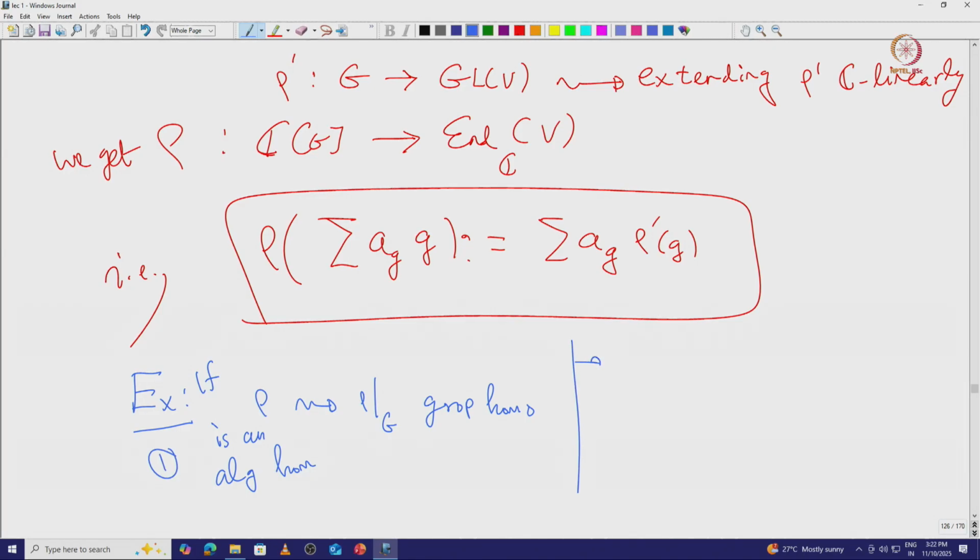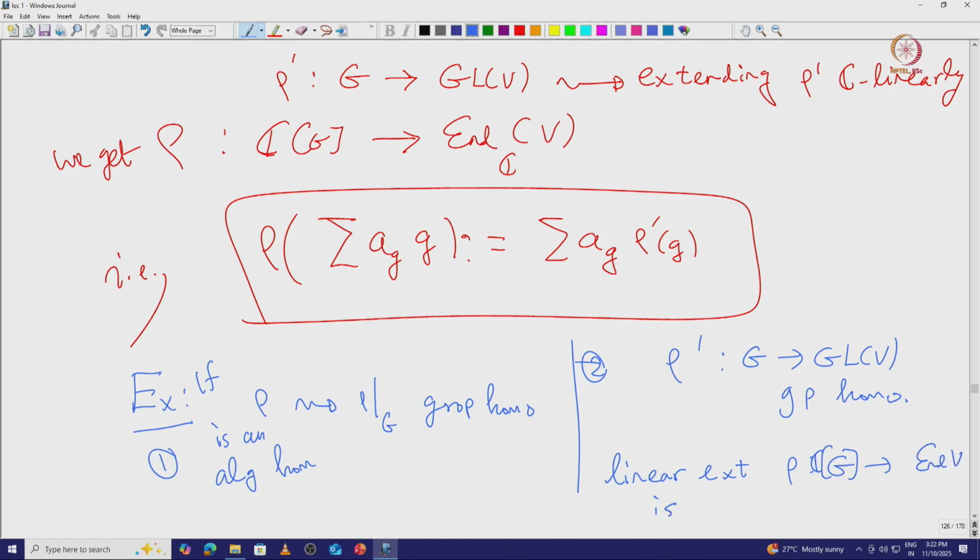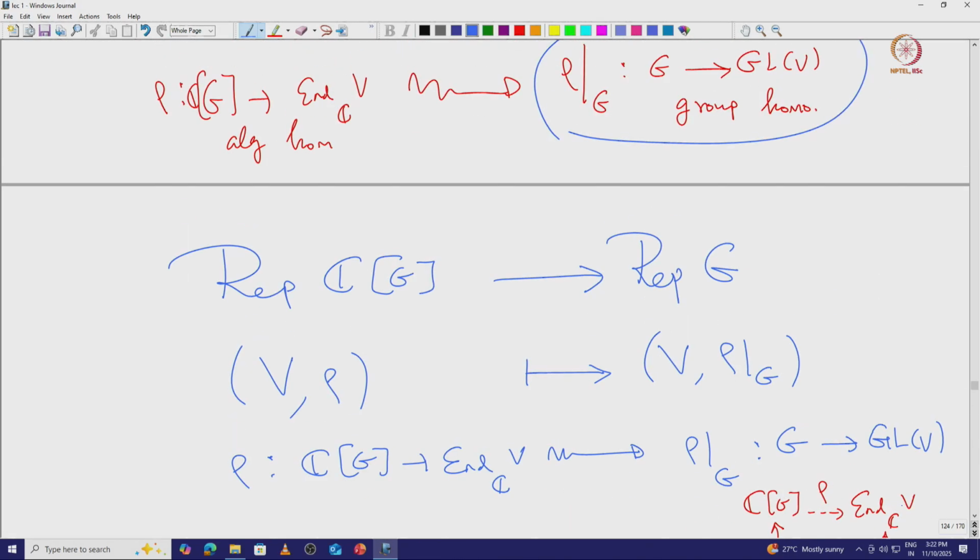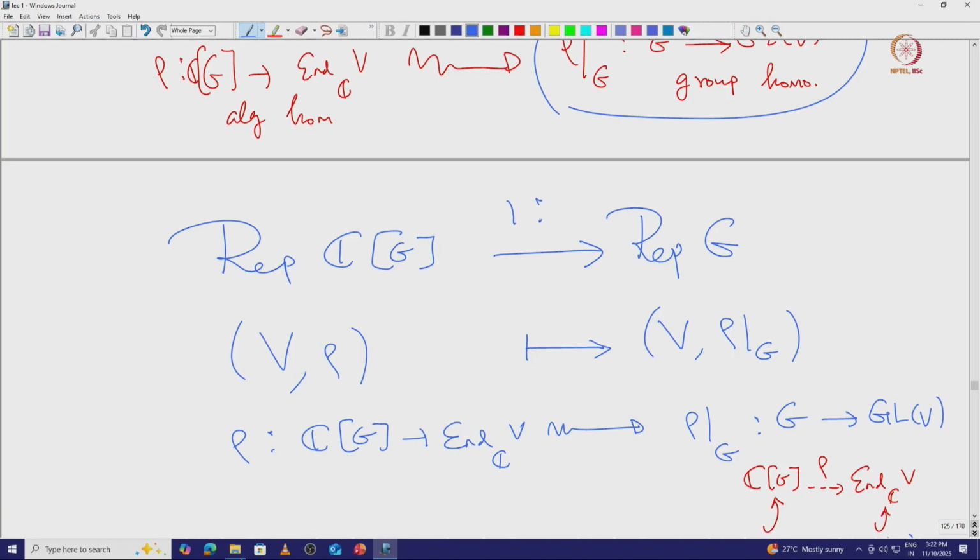On the other hand, if we start with rho dash, which is a group homomorphism, then the linear extension rho from CG to endomorphism of V is an algebra homomorphism. So, this indeed gives a one-to-one correspondence between the representations of CG and the representations of G.